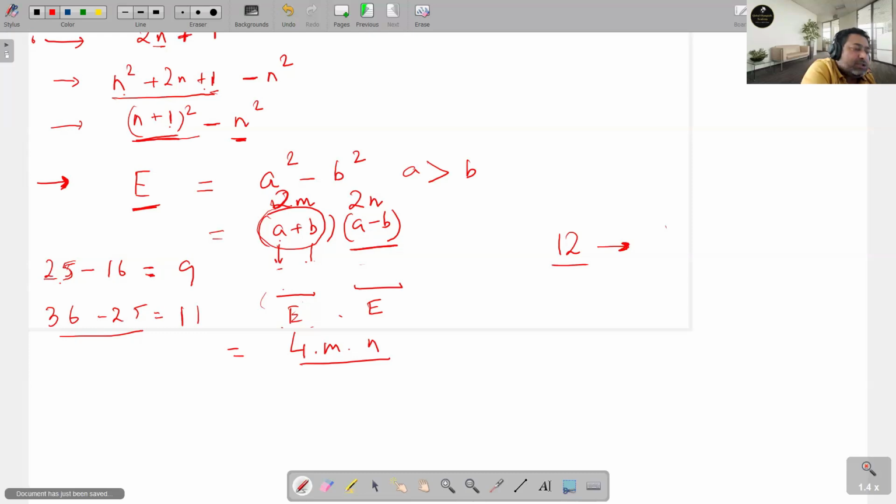Now, how can we find this? So we can say that 12 is a plus b into a minus b. Now, a plus b and a minus b, in how many ways can we take it? We can take 12 times 1. But this we cannot consider. Why? Because the parities are different. One is of even parity, the other is odd parity, right?